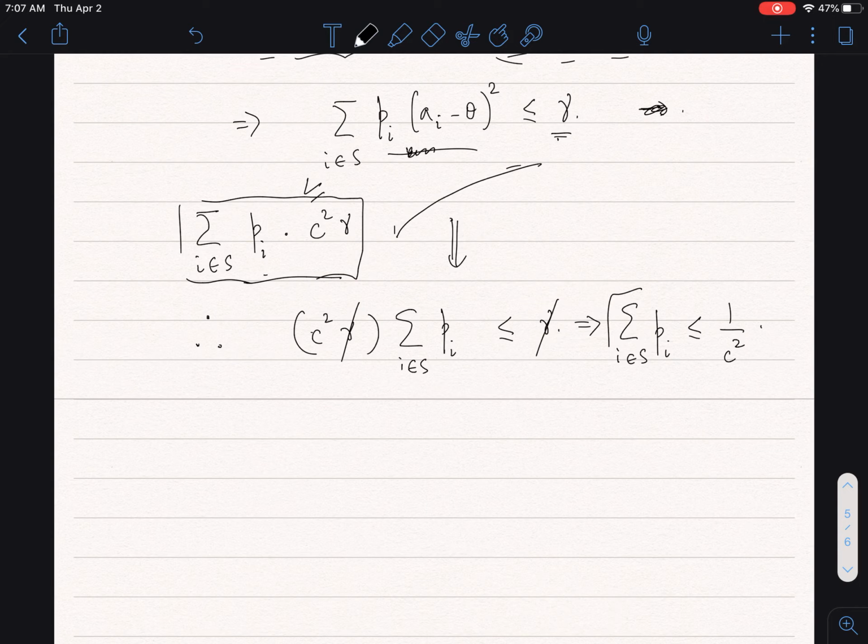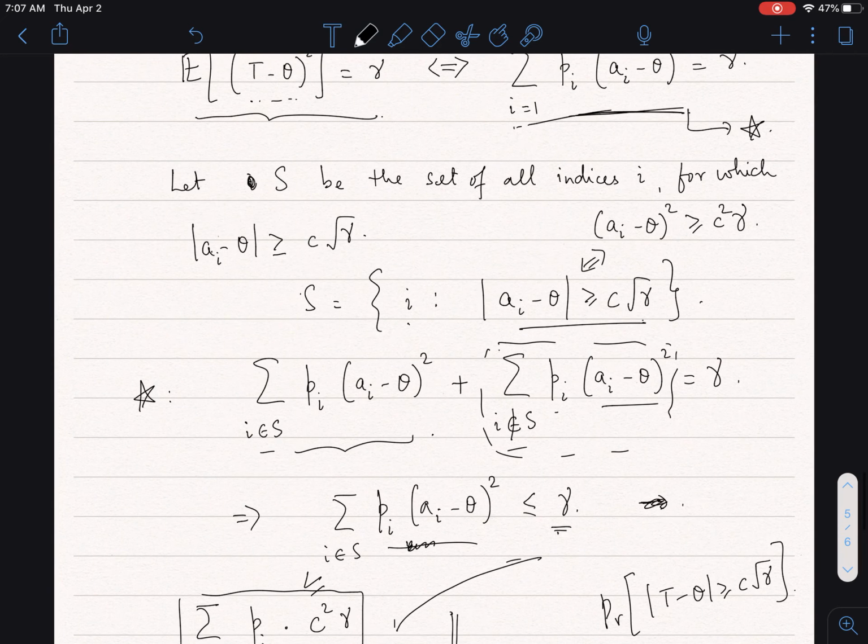So now what is this term? Right, so this term is exactly equal to the probability that |t minus theta| is more than c root gamma. And why is that? Because I am summing over all i in S of the probability of i, right?